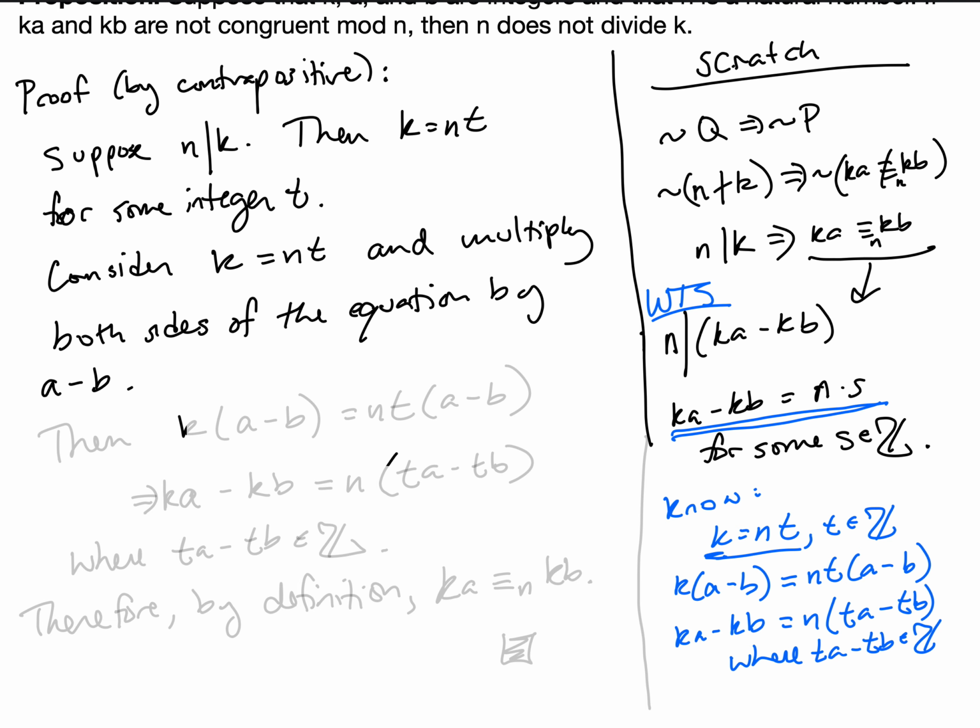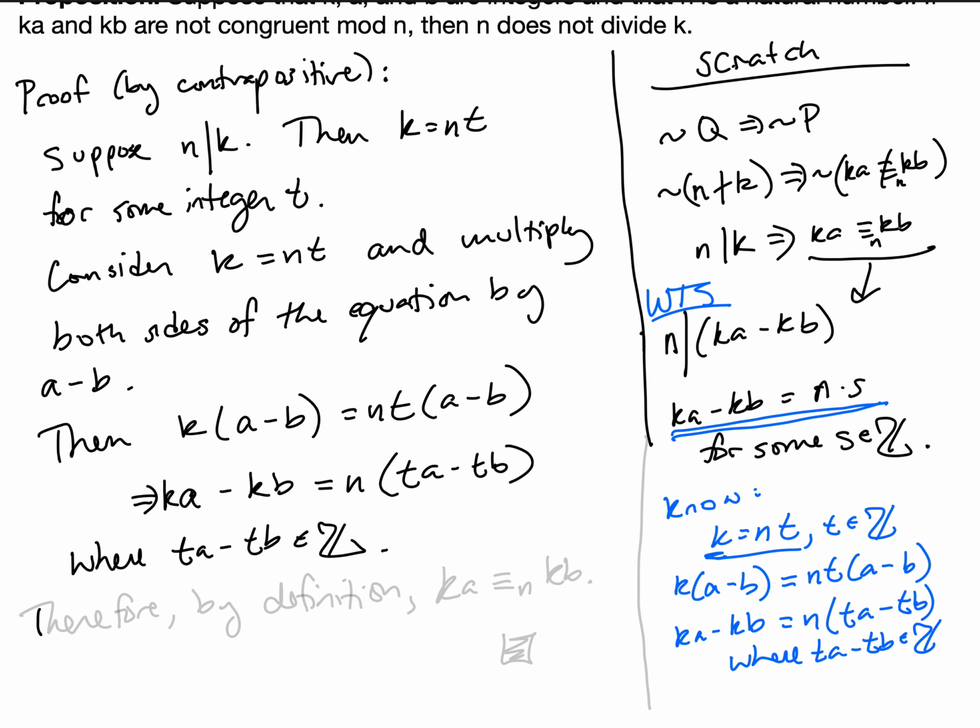So doing that gives us k times a minus b is equal to nt times a minus b, and this implies that ka minus kb is equal to n times (ta minus tb), where ta minus tb is an integer, and therefore, by definition, it is the case that ka is congruent mod n to kb.